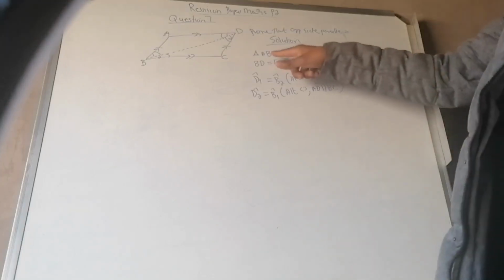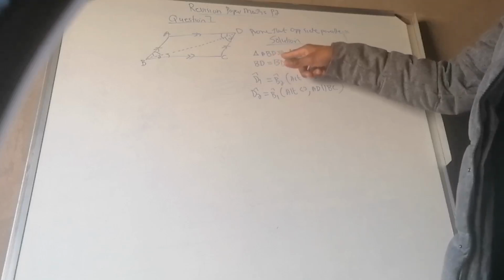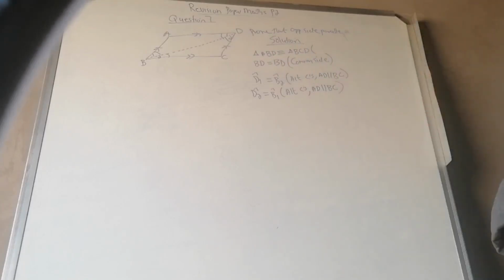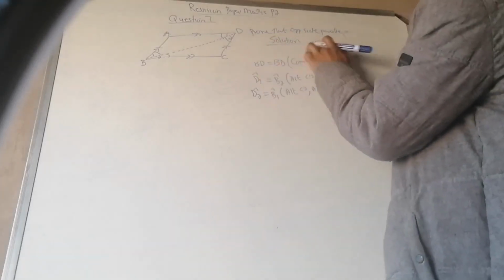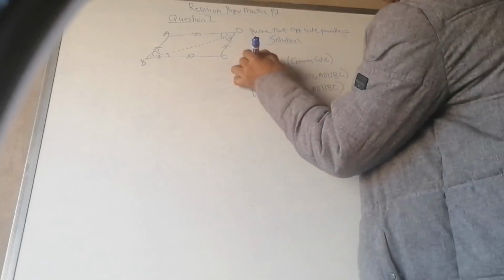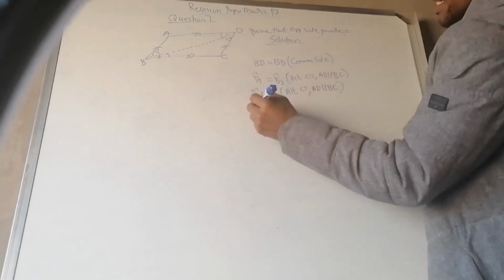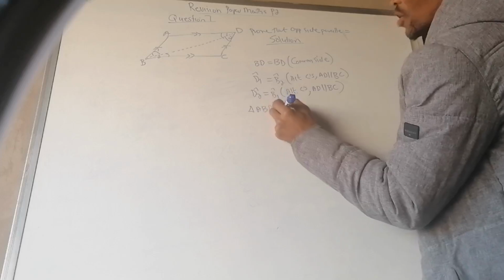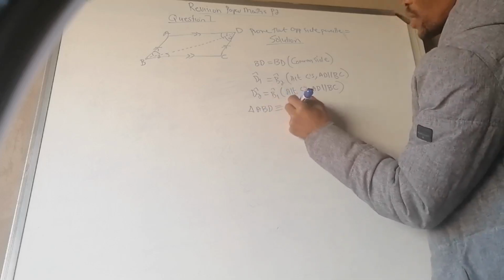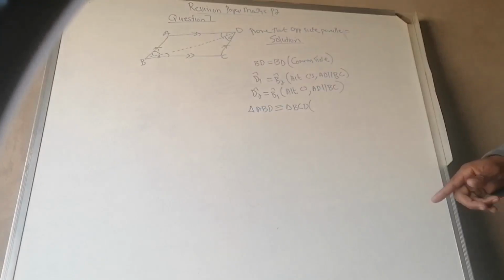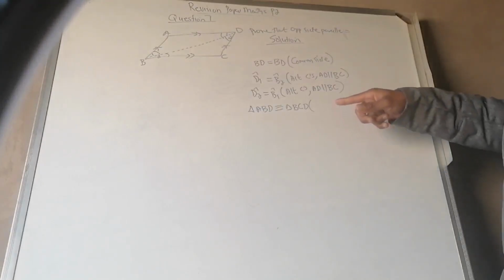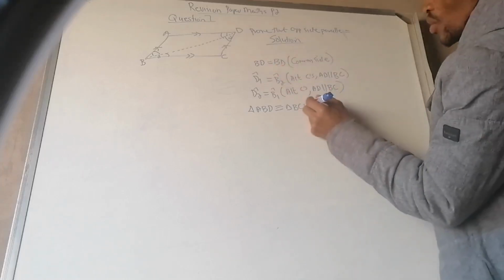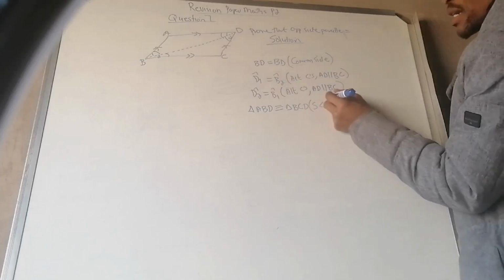If I say that ABD is congruent to BCD, what is my reasoning? Triangle ABD is congruent to triangle BCD.